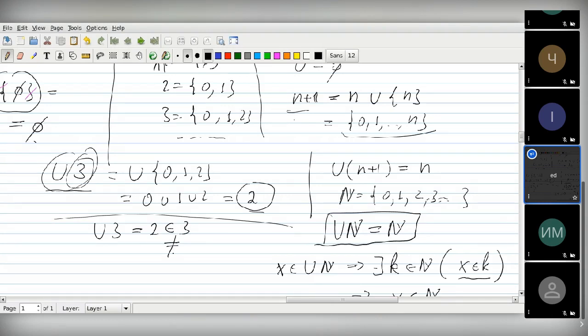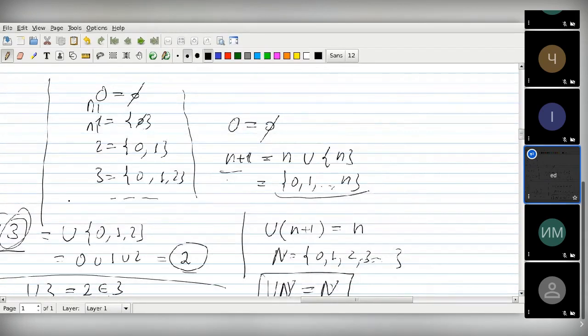Is it clear? Yes, thank you for clarifying. Something like that, but it is still informal. Why? Because here I have our unfortunate dots, and so on. And so on. So I need some form of recursion or induction here.